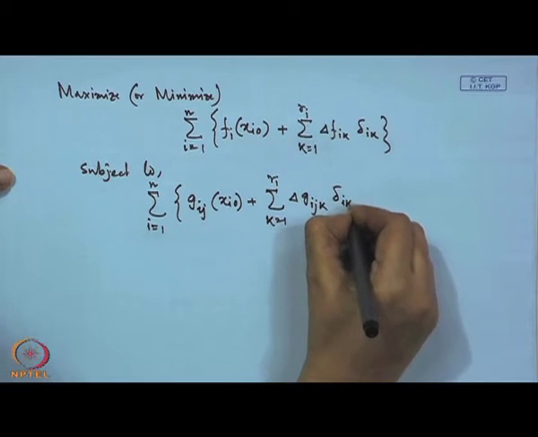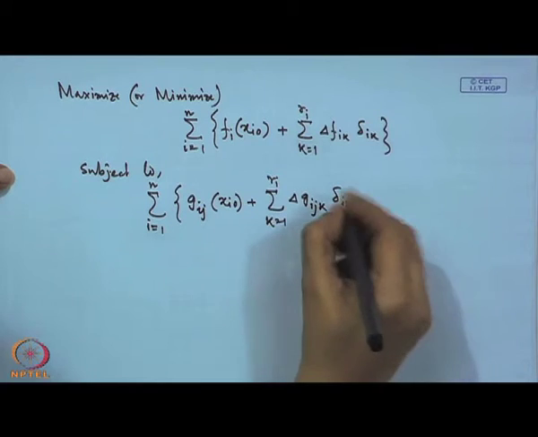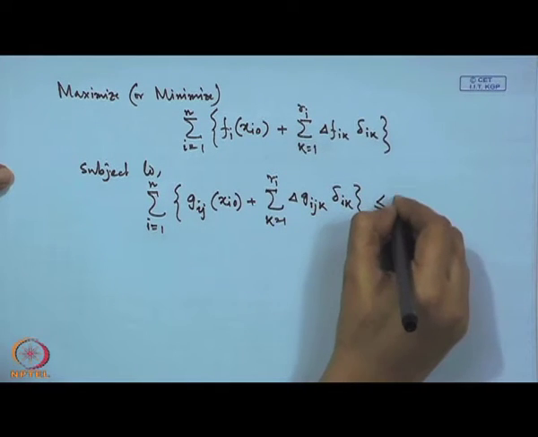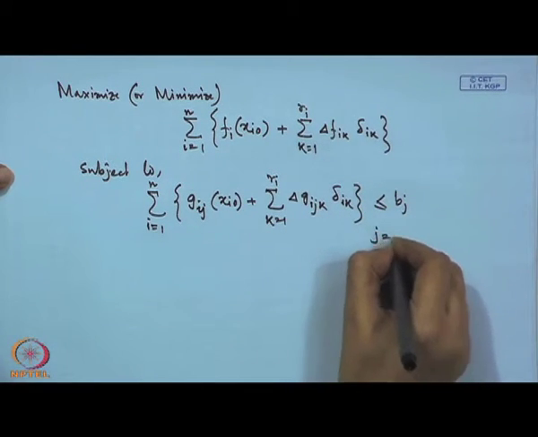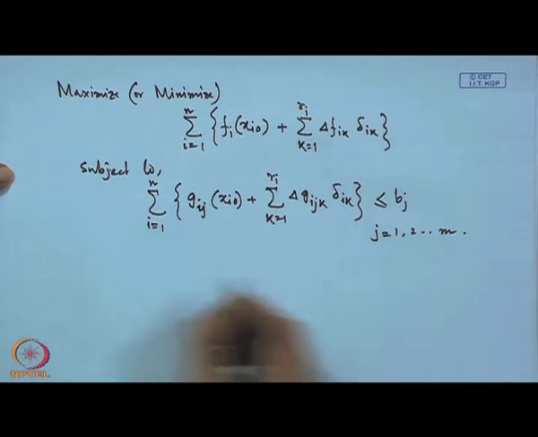This must be less than or equal to b j, j is equal to 1 to m.